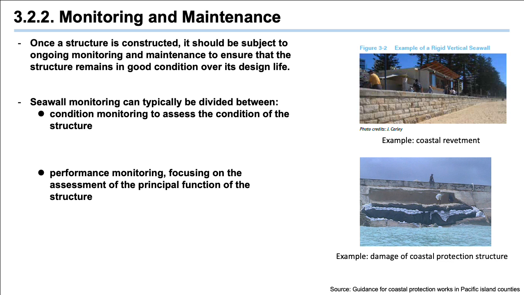The seawall monitoring can typically be divided into 2 parts. The first is condition monitoring to assess the condition of the structure, including superficial inspections multiple times a year and reporting of defects, changes, or unusual features of the seawall, such as cracks, displacement elements, or scour.